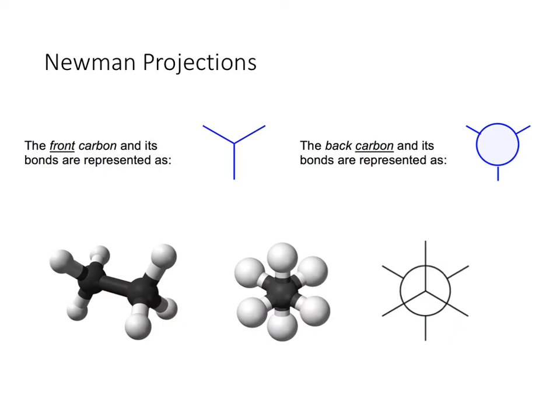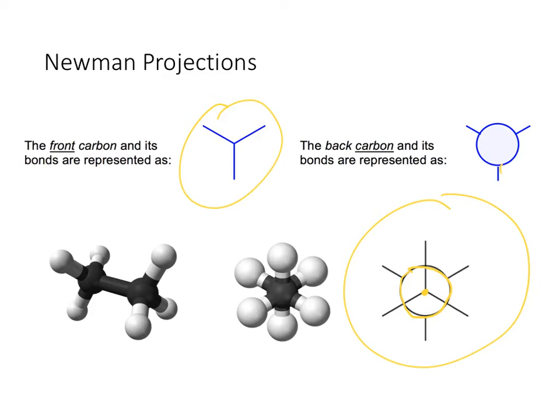So the way you draw a Newman projection is the front carbon is essentially 3 lines intersecting, and then the back carbon is a circle with bonds coming off of it. So this is how your Newman projection will look. This would be the front carbon, and this would be the back carbon.